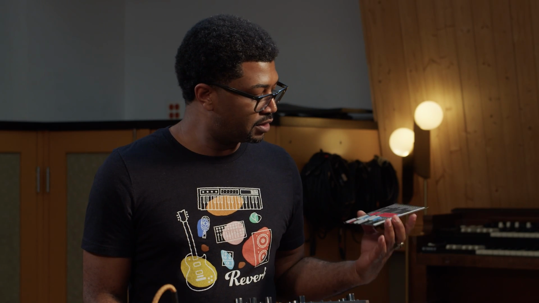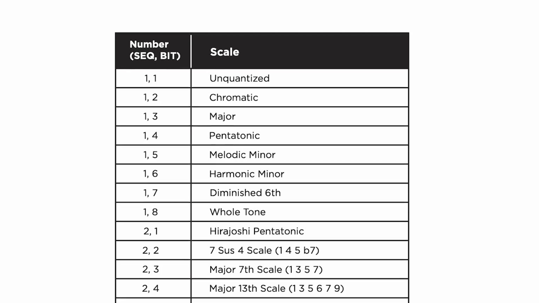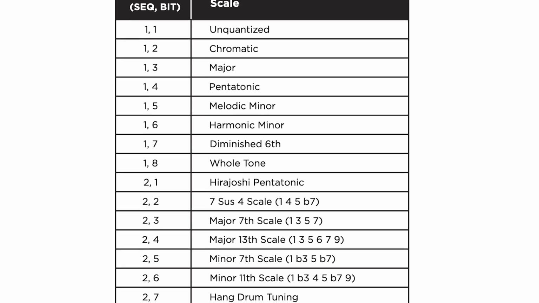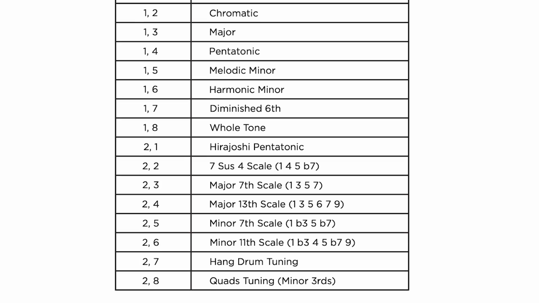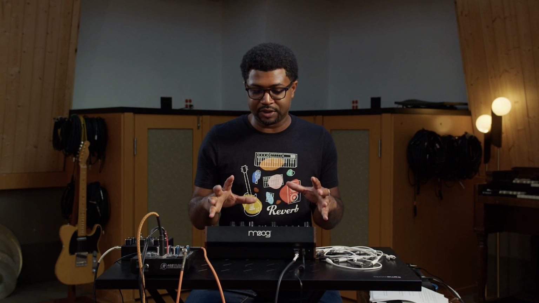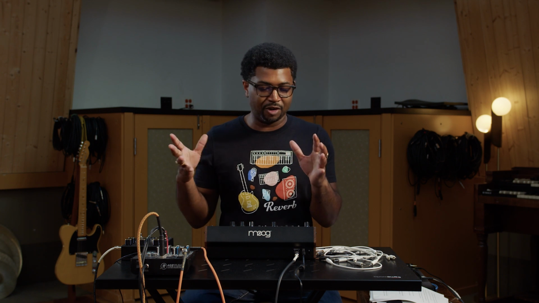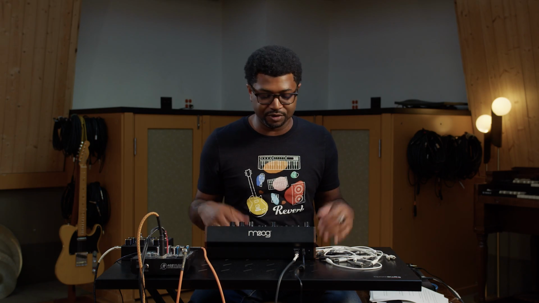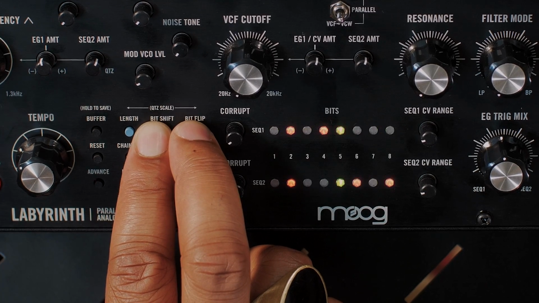We will pull out this Labyrinth cheat codes again, and on the back we'll find all of the scales that are possible to be generated with these sequencers. And that's really cool in itself because you could always unquantize those sequences and have something a little bit less musical, but if you wanted to quantize that to a scale, you could do so. Let's do a pentatonic.